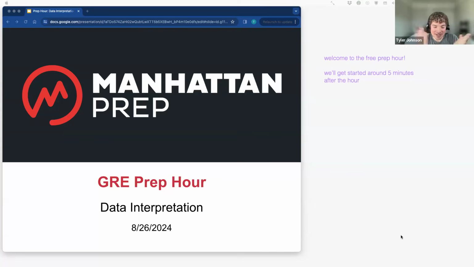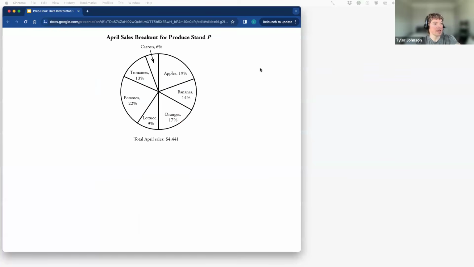We're going to go ahead and start talking about data interpretation now. And first point I want to say here is that when it comes to DI, data interpretation, DI for short, it's always drawn to scale. And that's important because compared to geometry, if you're looking at a regular circle on the GRE, that is often going to be drawn in a deceiving way, and you can't really trust your eyes.